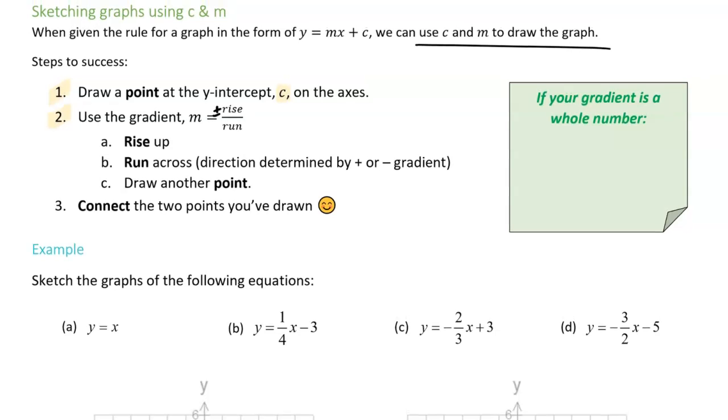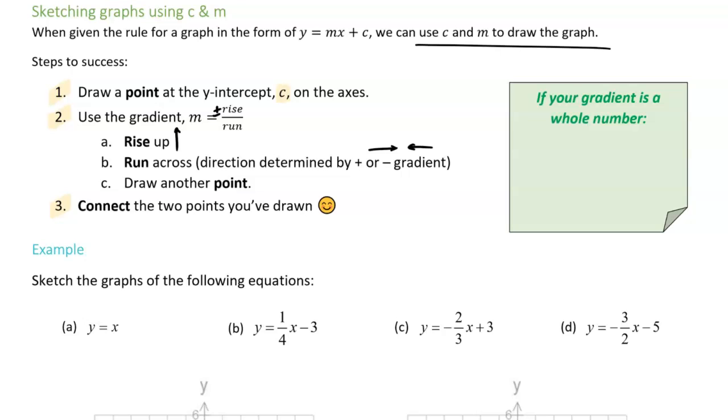We're going to rise up and run across, either positively or negatively in the x direction, and that will give us a second point. Once we've done that, we'll connect our 2 points and we've got a line. So that might seem a little bit strange at the moment. I promise you when we've done a few examples, it will start to make sense.